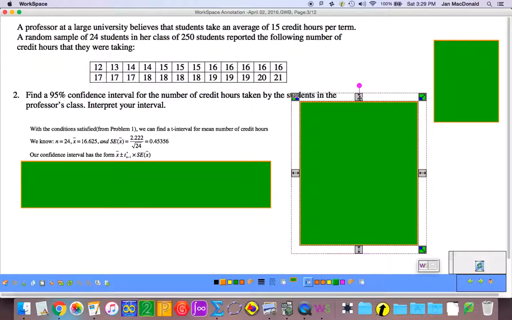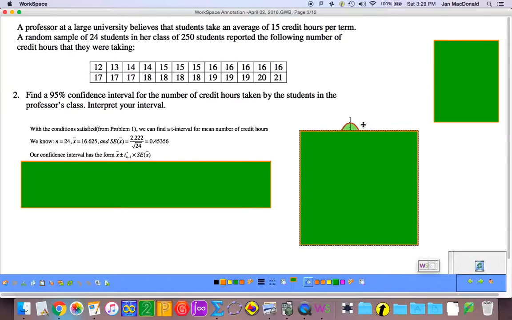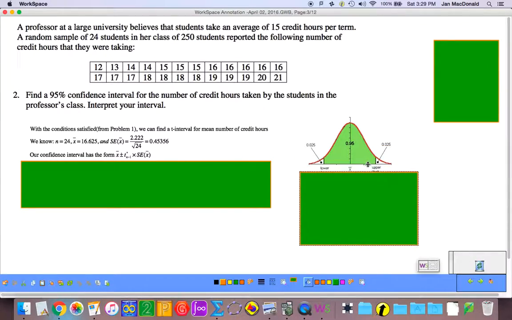Let's take a look at a graph of a normal model with a 95% confidence interval. So here we go. The critical t value would be this upper limit right here. If this was our upper limit, what percent of the curve, or what area under the curve, would be covered?